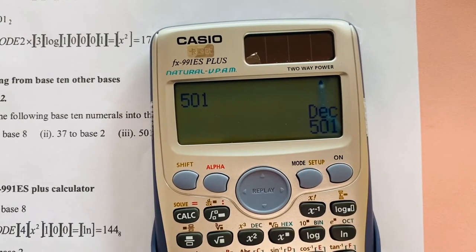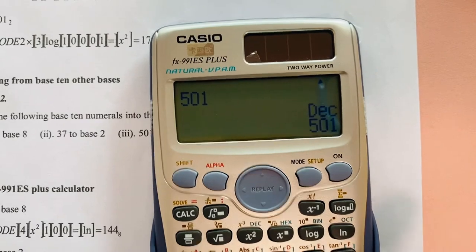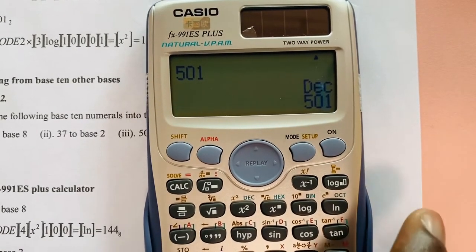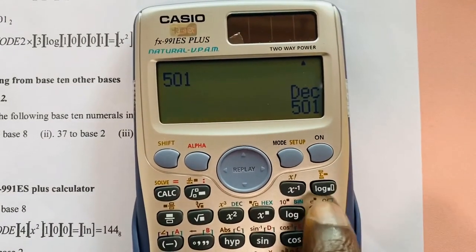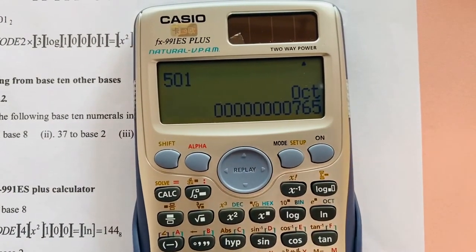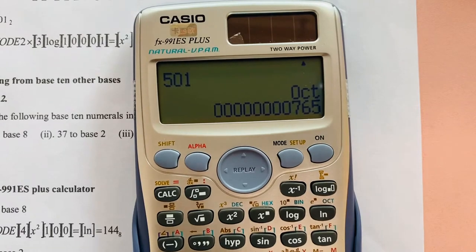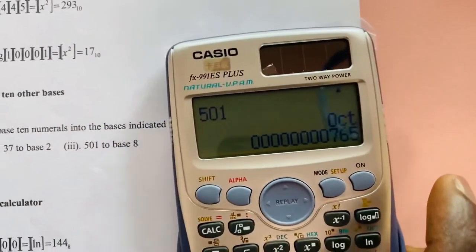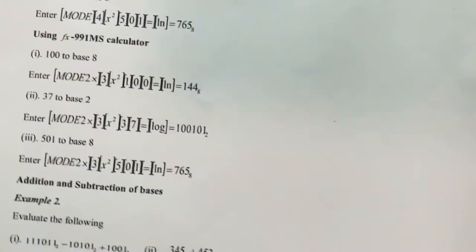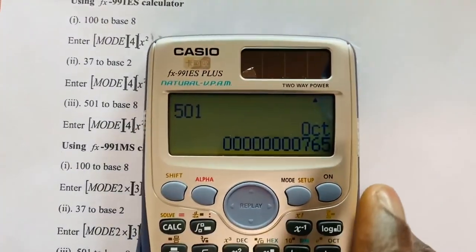And what you have to do is go to where we can get base 8. So this is base 8, and it gives us 765, and we have the answer done correctly. So this is the answer, which is 765 as base 8.